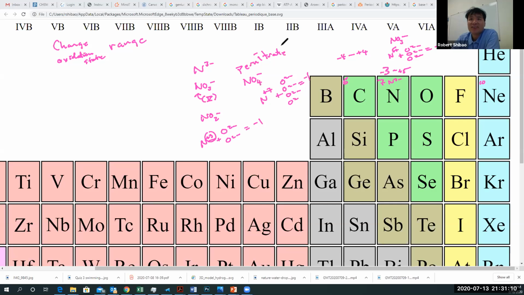So pernitrate would have a nitrogen +7. Is nitrogen +7 in the range of -3 to +5? No, it's outside the range. So +7 is outside. In fact, it loses all of its electrons, and that's not feasible. So pernitrate does not exist. There's no such thing as pernitrate.